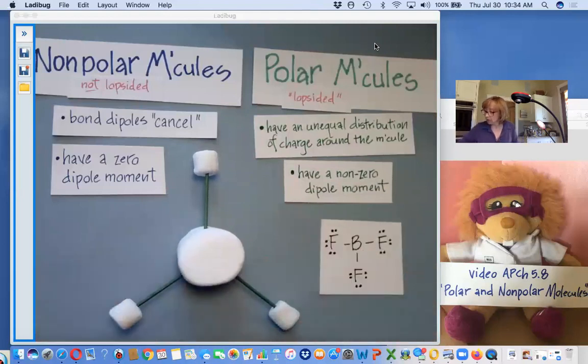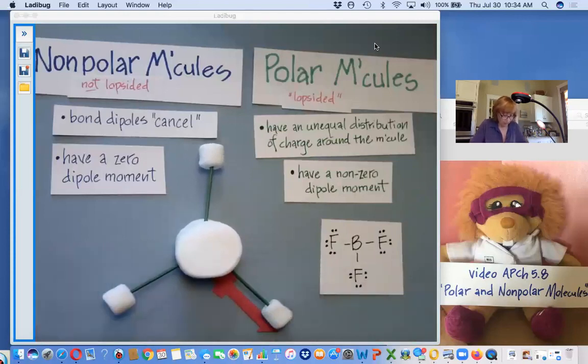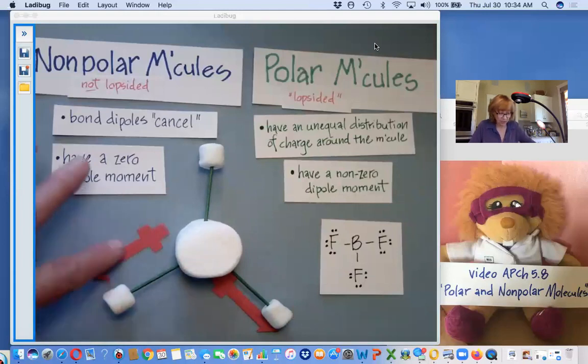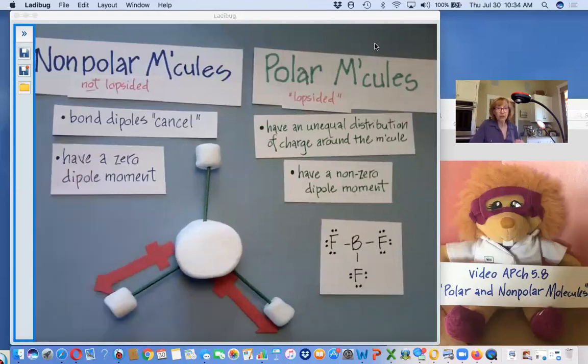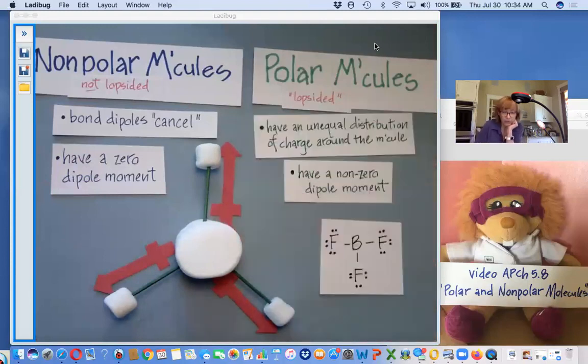And the bond dipoles, each one is showing the skewing of electron density toward the fluorine, the more electronegative atom. So we have three identical bond dipoles here. The three bonds are the same.